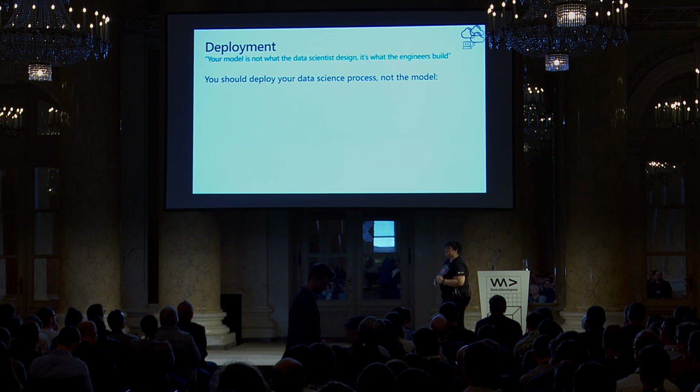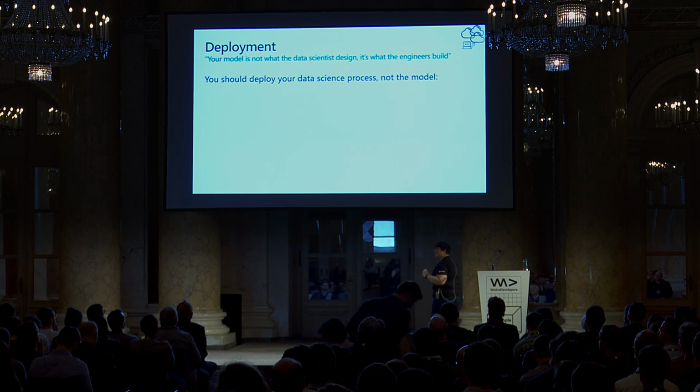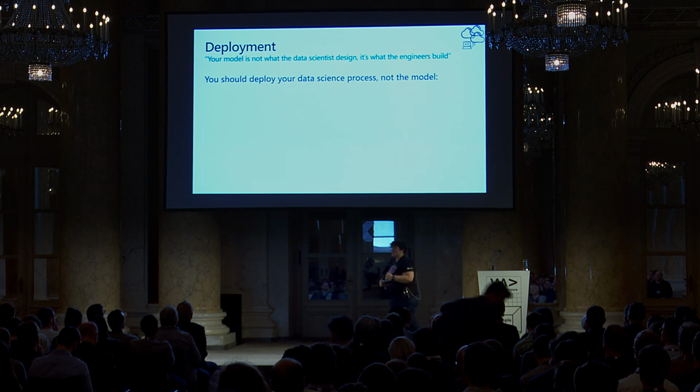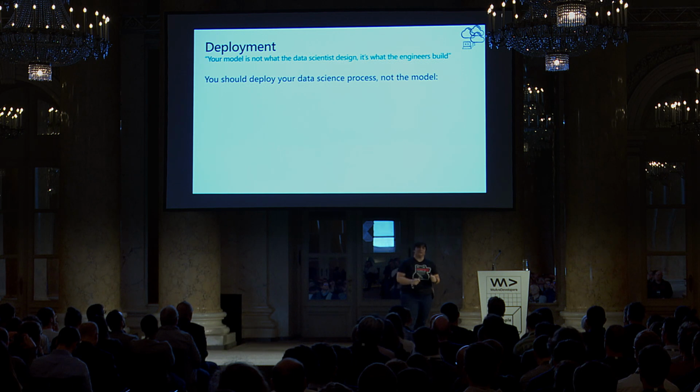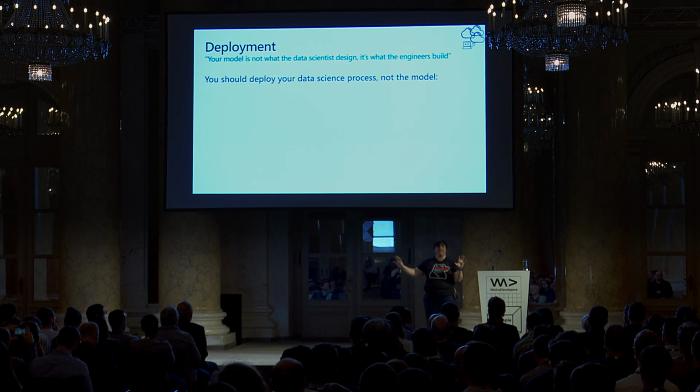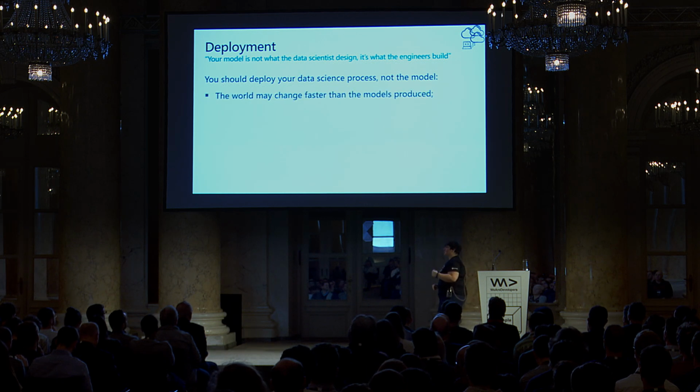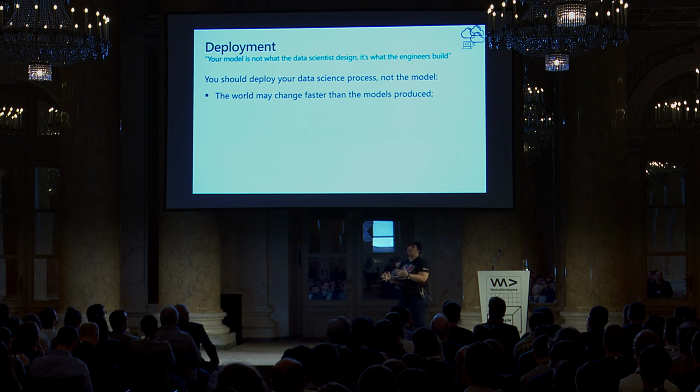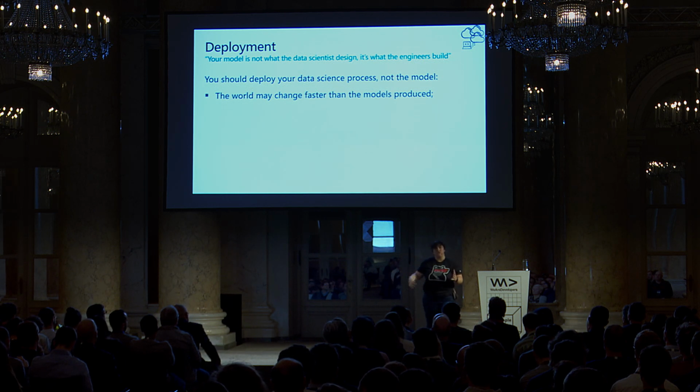The last step is you should deploy your data science process and not the model. This is fundamental, and this is where the software engineer needs to help the data scientist. Because when you deploy just the model, you will not be able to follow the velocity of the world.